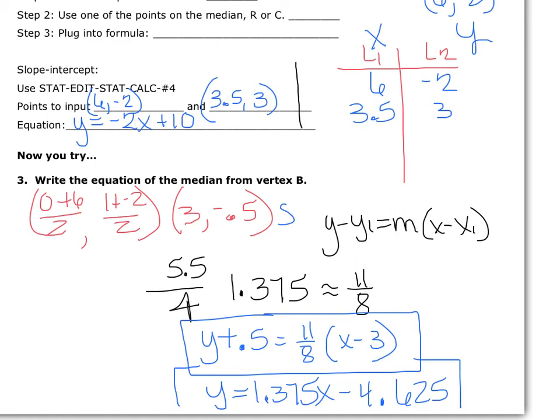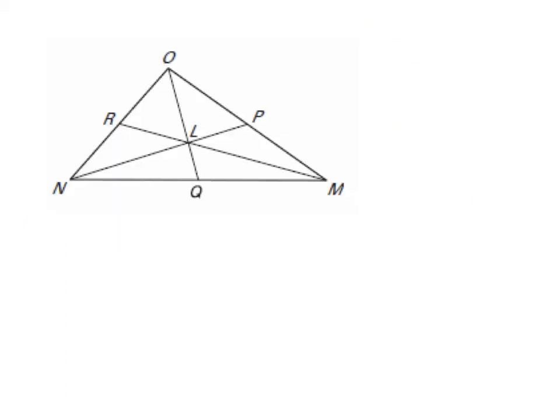Now we need to add one little piece to this. So if you would flip it over on the back, I have a triangle for you to draw. Please draw this triangle on the back of your paper. Pause it if you need to, and then come back because we're actually going to talk about the lengths of the medians and how they're related.